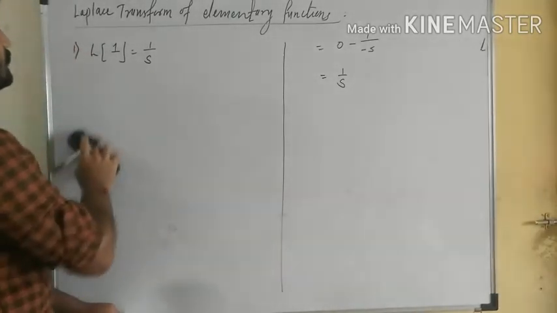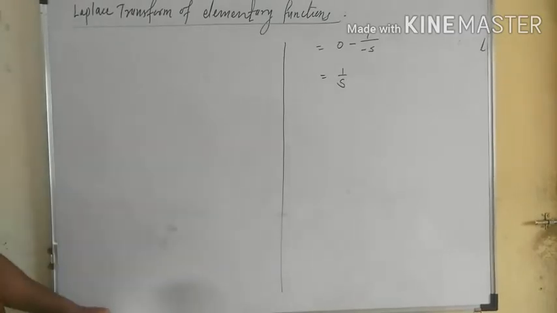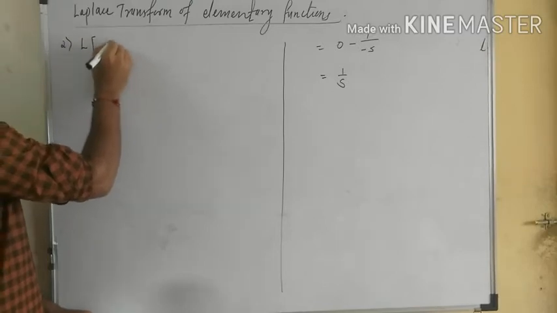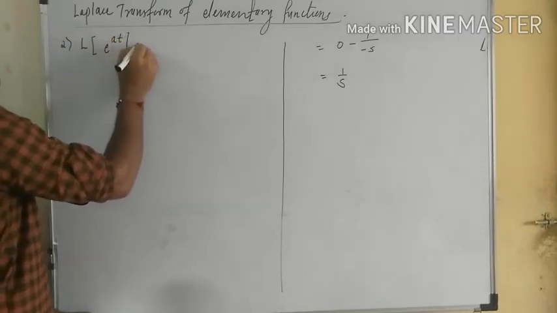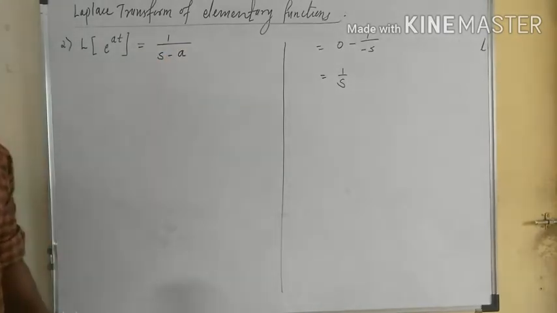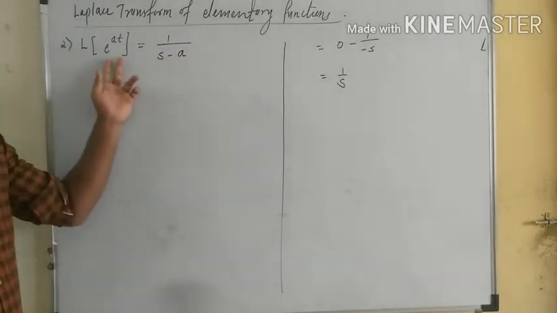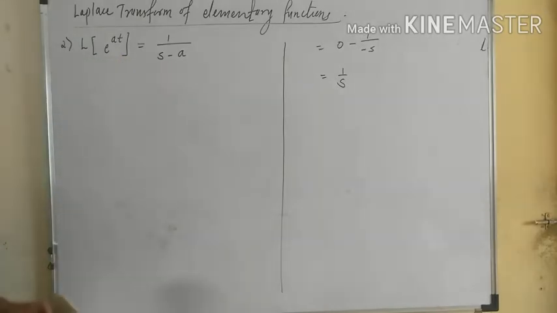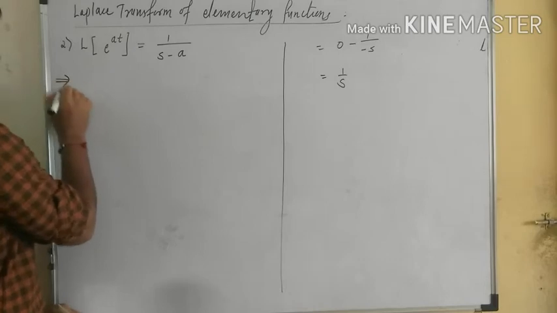Now see the next function, number 2: Laplace transform of e raised to at, where a is any constant, is equal to 1 upon s minus a. Now see how to find the Laplace transform of e raised to at. So see the solution.